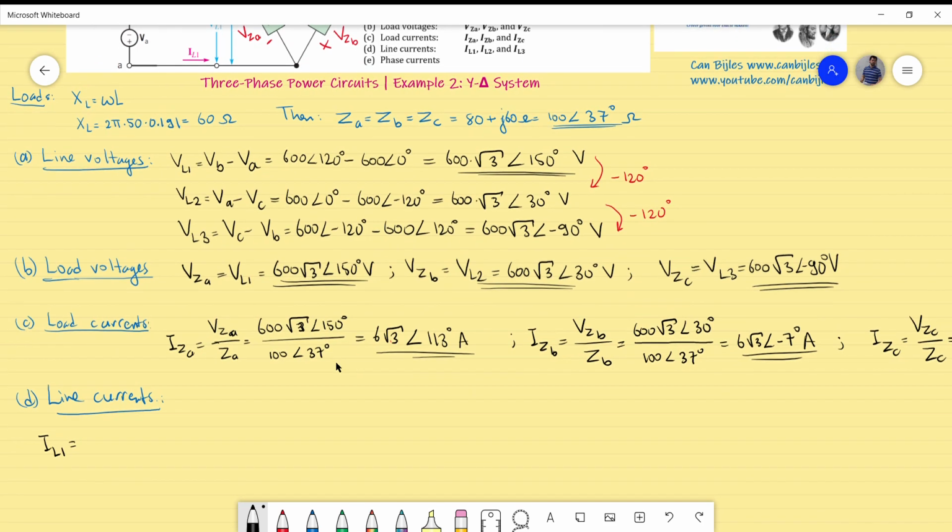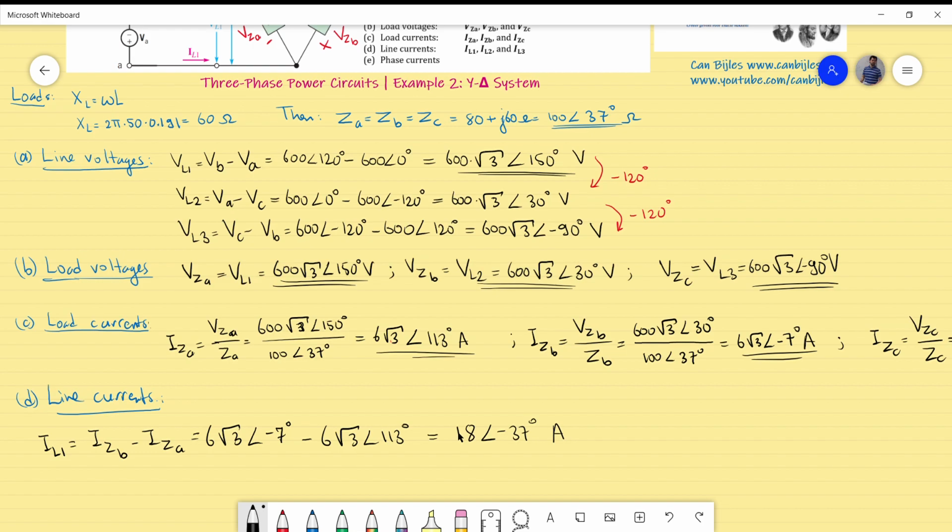So again, I have IZB minus IZ of A. And if you use the expressions we have already calculated here, so this is B for A, again the same amplitude but different phases, so 6 square root of 3 phase of minus 7 degrees, and you will have minus 6 times square root of 3 and then phase of 130 degrees, and you will get, again doing the math with converting this to the rectangular representation, the expression of 18 and phase minus 37 degrees in amperes.